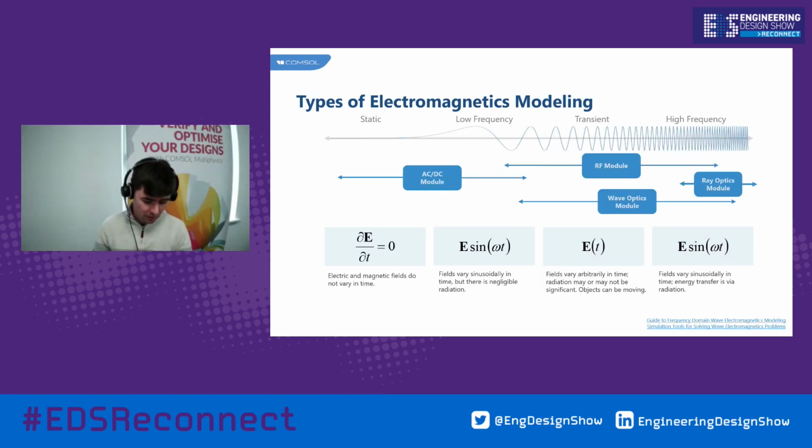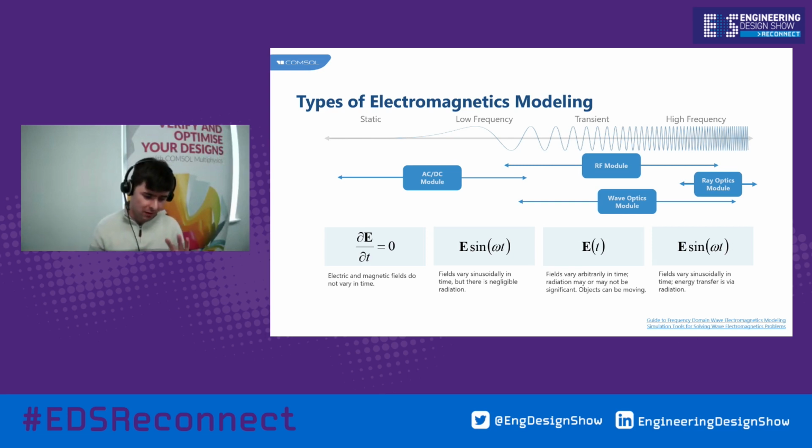So for the rest of this talk, I'm going to focus in on the electromagnetic part of COMSOL, just to show you one example of the kinds of models that we can make. So within COMSOL, we can model the full electromagnetic frequency range.